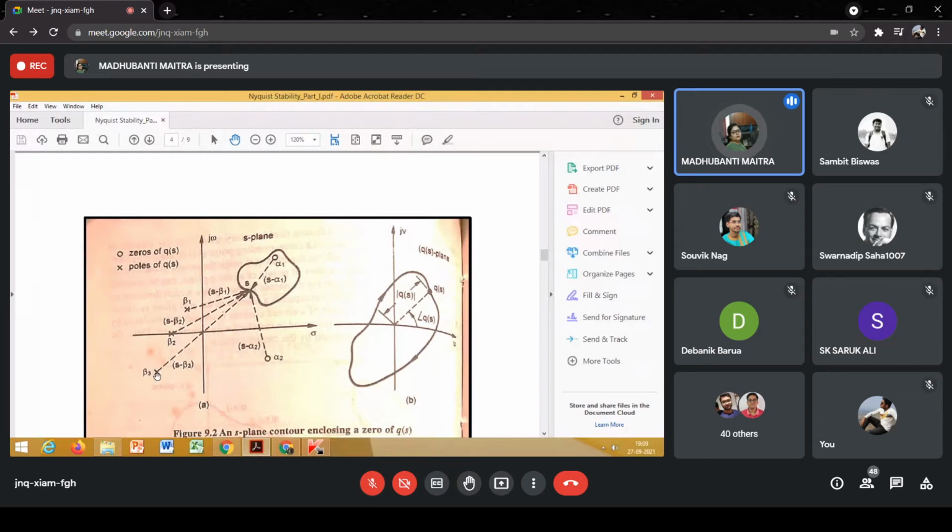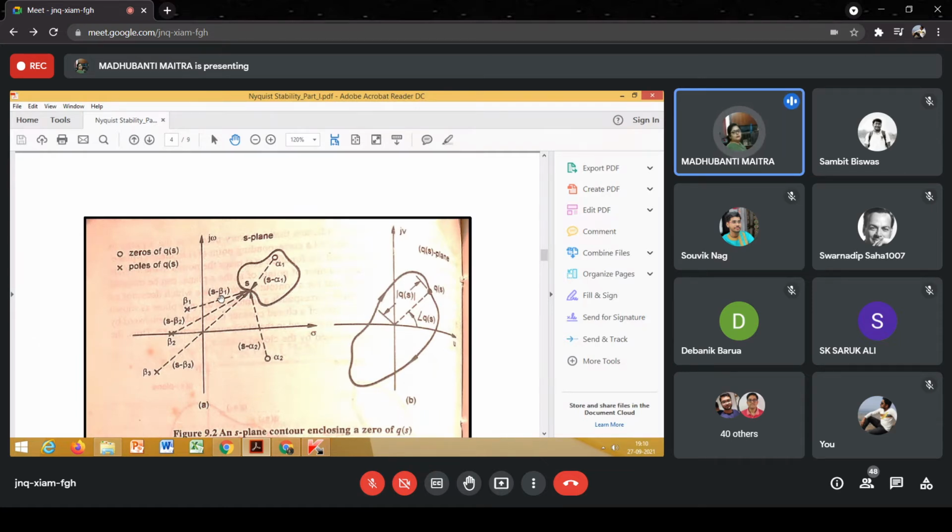While I'm explaining this particular diagram, I'm not considering the signs over here, because you might find that these two zeros are lying in the right half of the S plane, whereas these poles are lying in the left half of the S plane. So this phasor should read as S plus beta 1. I'm not considering that fact.